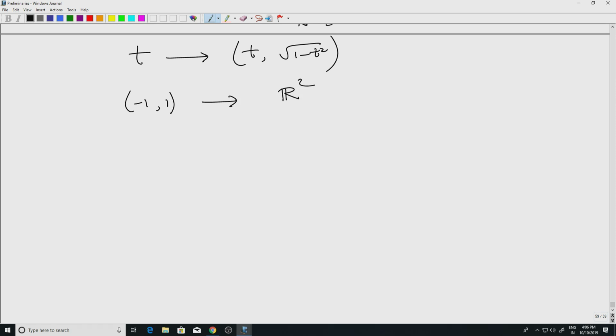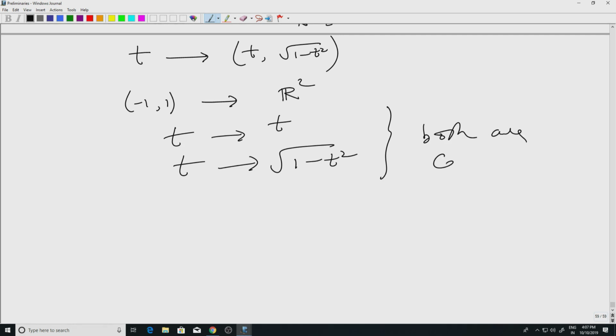Now, when I have a map from, say, an interval into R2 and I want to check it's continuous, it's the same thing as checking the continuity of each component function. The first component is t goes to t, the second one is t goes to square root of 1 minus t squared. Both are continuous.